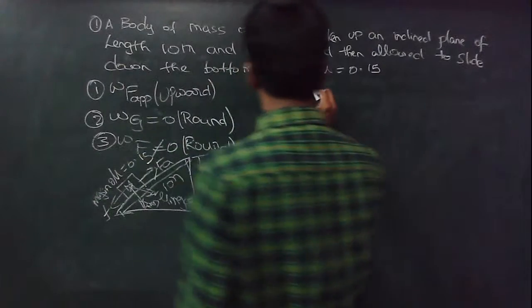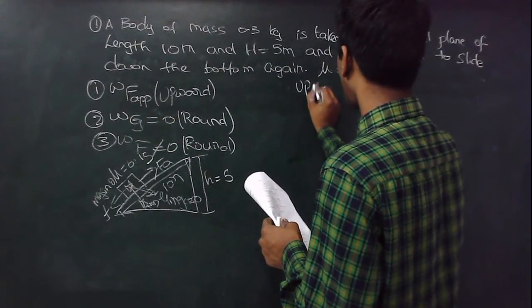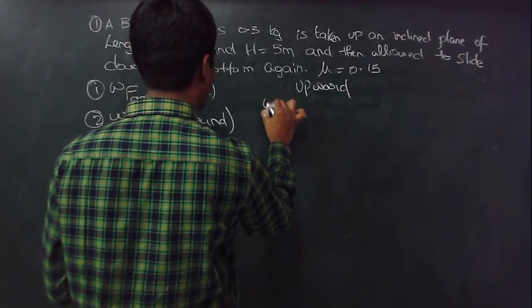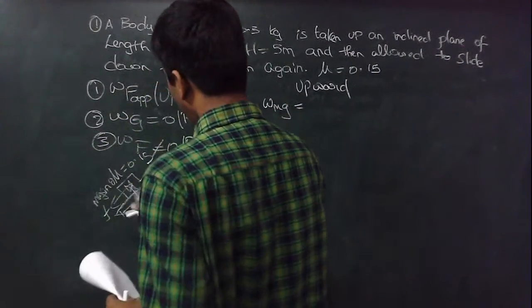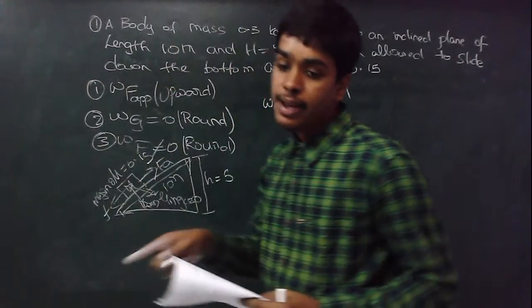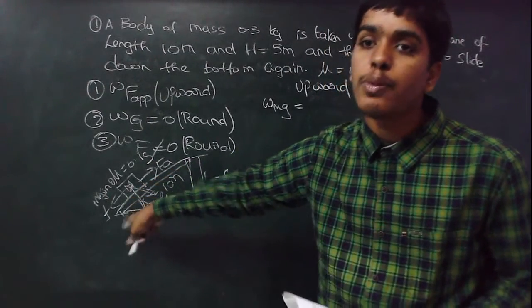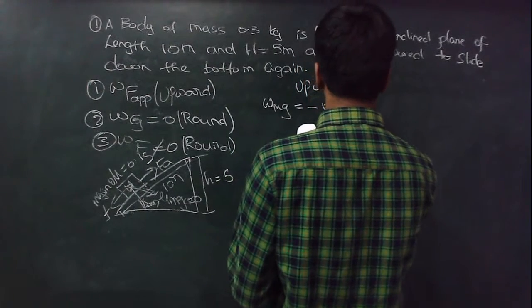So for the W1 upwards, that means for the gravitational force, W_mg is equal to, here downwards, it is negative because the displacement and the mg are in opposite directions, minus mg sin theta.